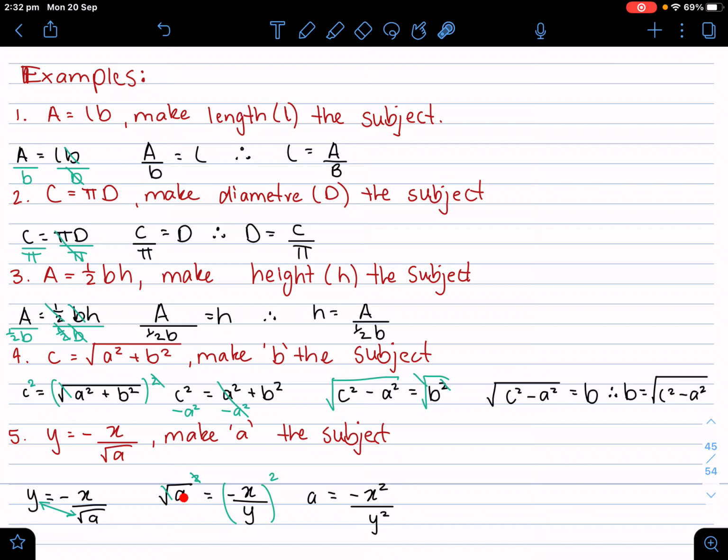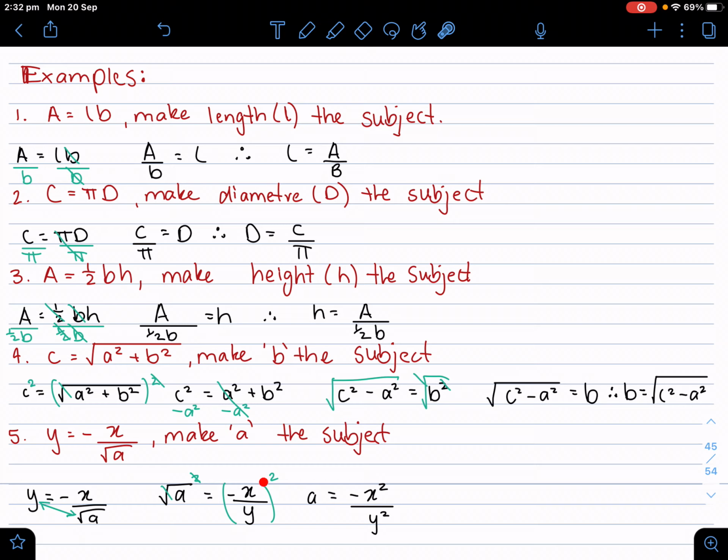Now, to get a by itself, there's a square root with it. And the opposite of square root, or the inverse of square root, is squared. So I'm going to square both sides. But this is where it gets a bit tricky. I could leave it as a equals all these brackets minus x over y squared. But technically, indice rules, and if you don't know what they are, you should go back and watch the video on indice rules.